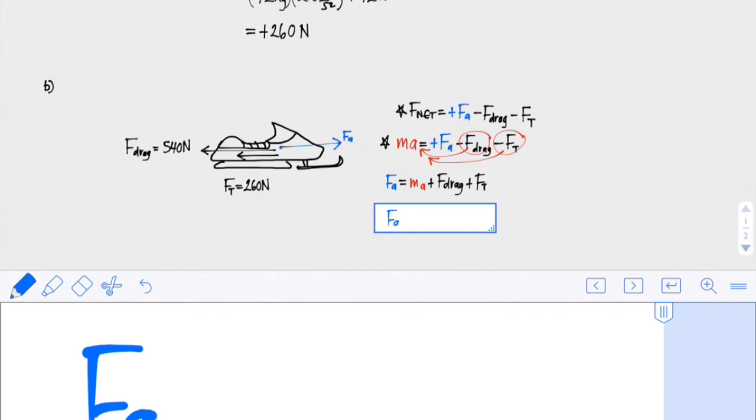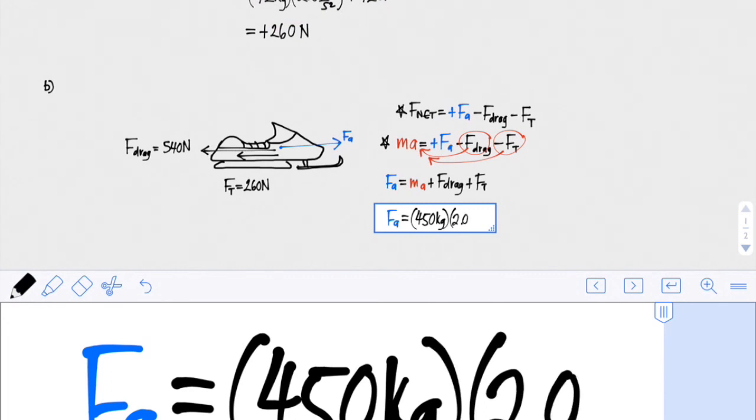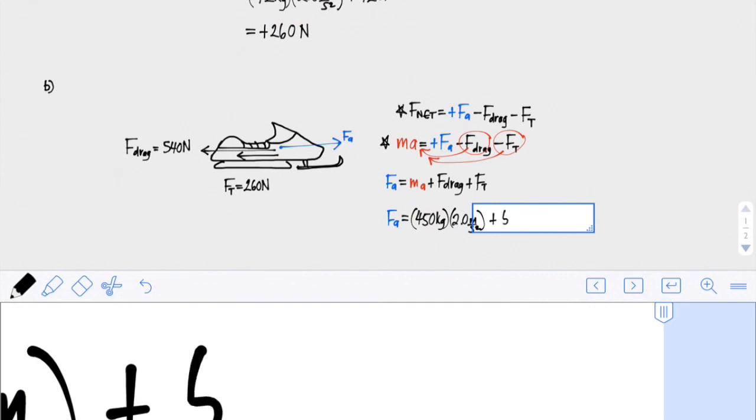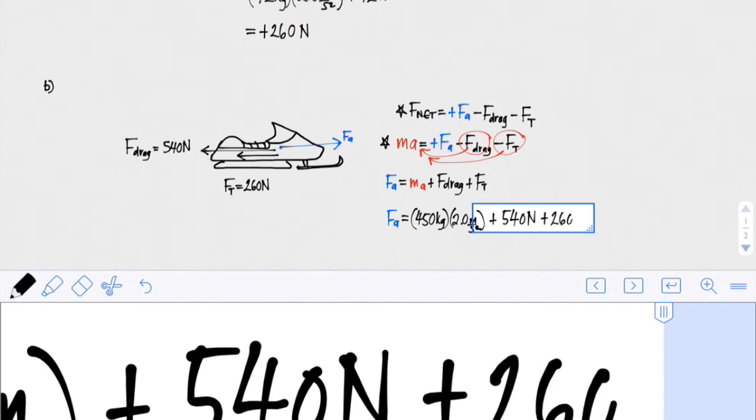Force applied is equal to 450 kilograms times 2 meters per second squared plus 540 newtons plus 260 newtons.